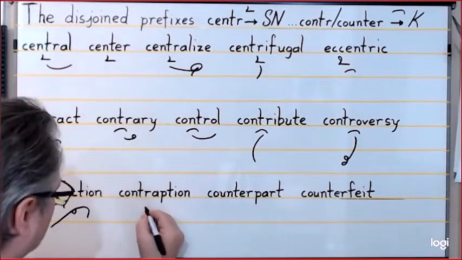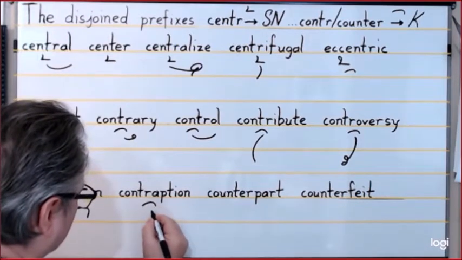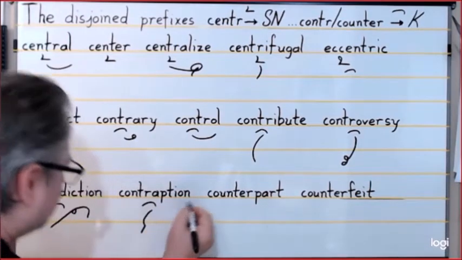Contraction is a K, and a P, and an SH for the shun at the end.